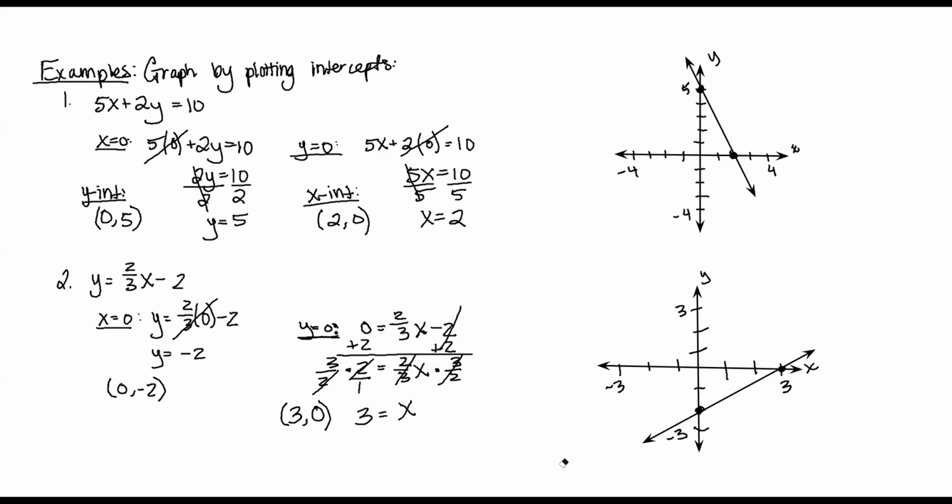And let's try one more, because this one's a little different. So number 3. We're given the equation 2x minus y equals 0. Still plotting by the intercepts, we plug in x equals 0, and then we'll plug in y equals 0. x equals 0 gives us 2 times 0 minus y equals 0. 2 times 0 is 0, that's gone.